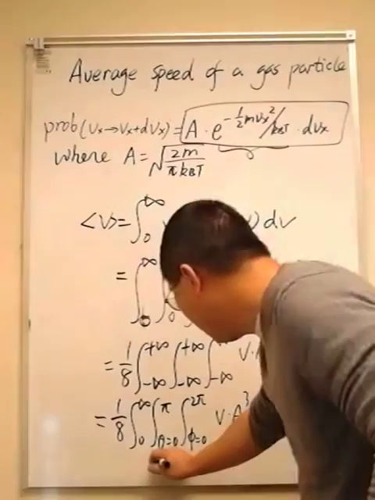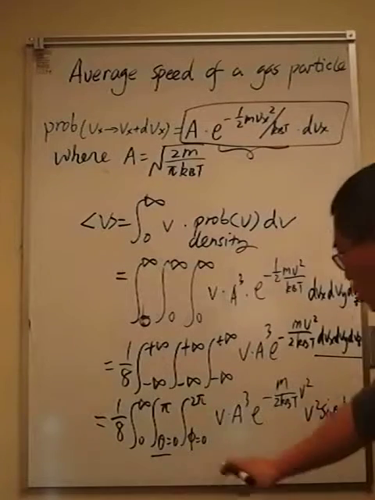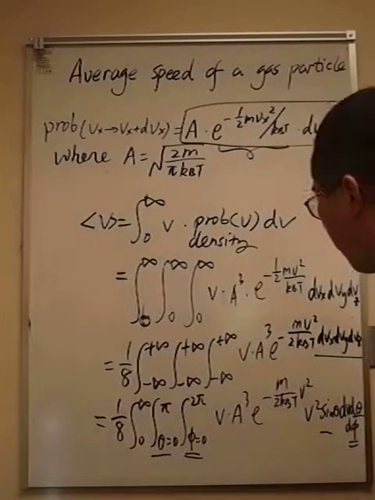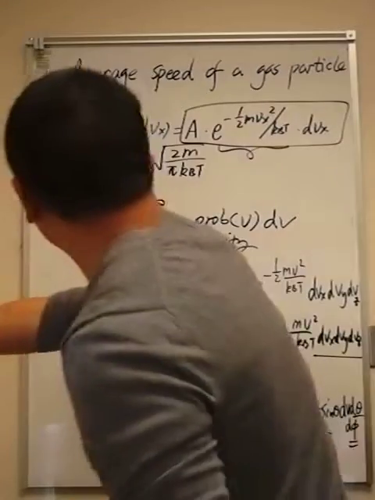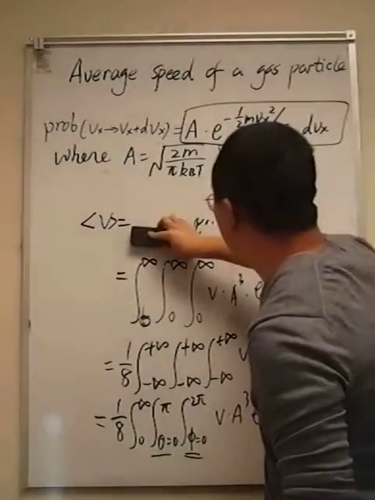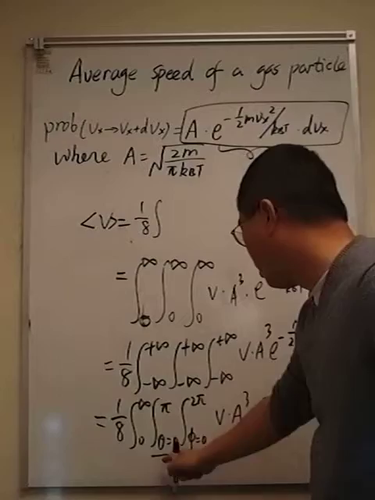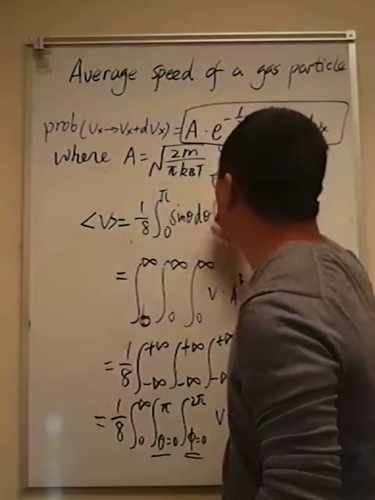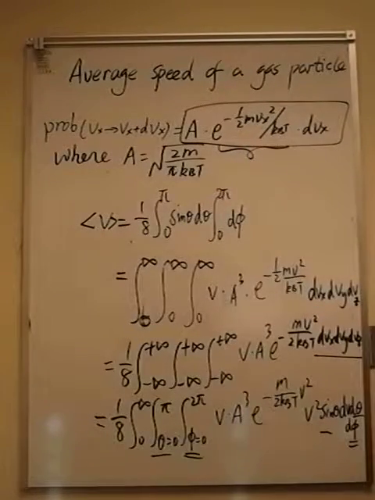It's not too difficult to integrate this triple integral after you separate the variables. You see theta here, theta here, theta here, we're going to integrate this. You see phi here, you see phi here, we're going to integrate that, and then we're going to integrate the function of V. So it's going to be 1/8 the integral of theta from 0 to pi of sine theta d theta, and 0 to 2 pi, I think we're going to just integrate the phi, that's easy.